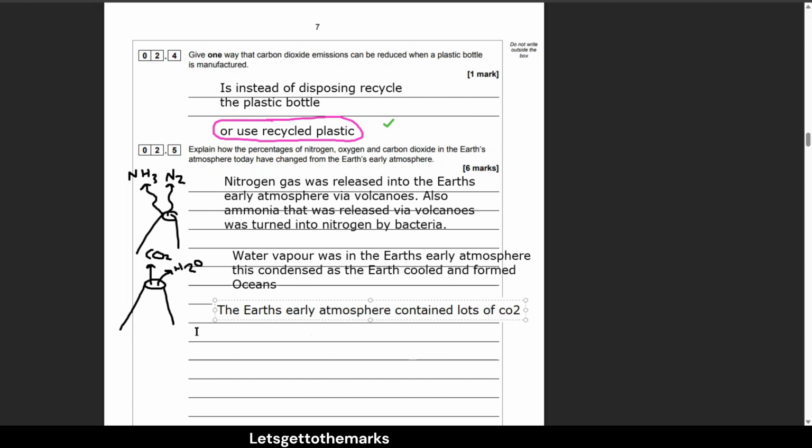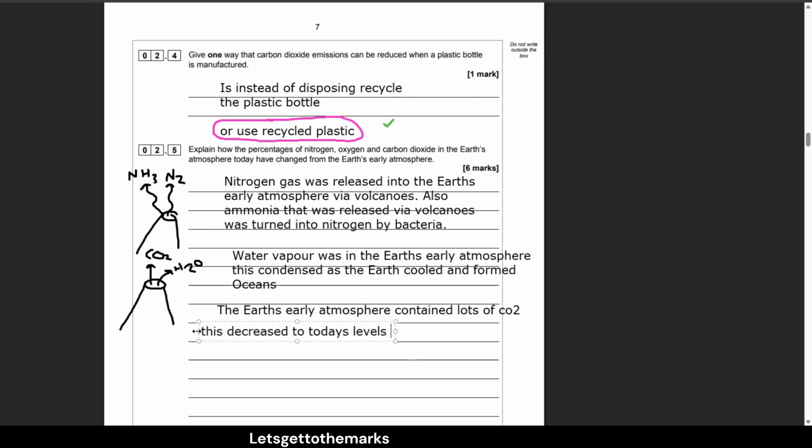But this then decreased to today's levels, which is only about 0.04%. It was 0.03 a couple of hundred years ago, but we've had global warming and combustion since the Industrial Revolution, so it's creeping back up very slowly.